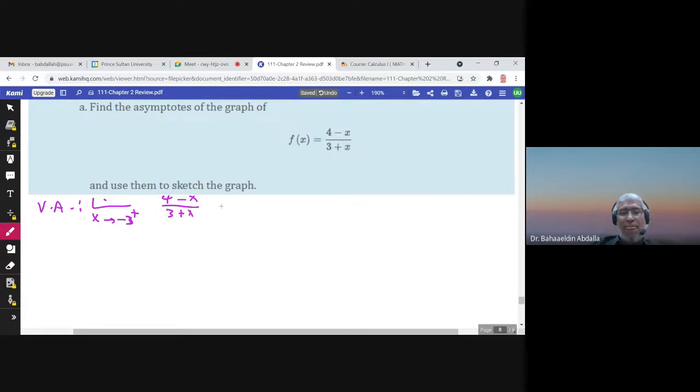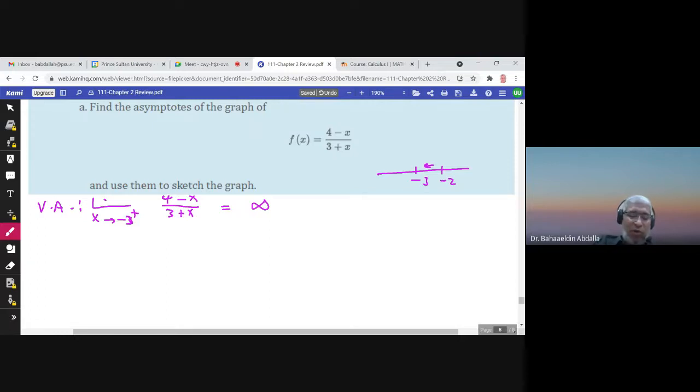Well, it will give you 7 over 0, so it's either positive or negative infinity. So which one? For x greater than negative 3, I'll choose negative 2.9.